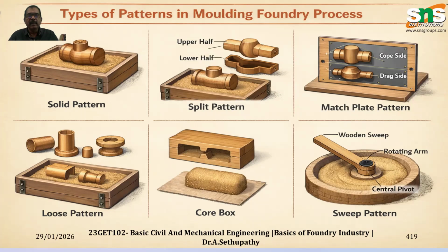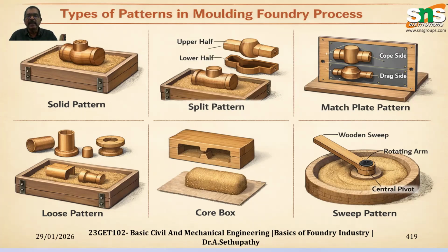First, we make the drag box using the lower half of the pattern. After removing the pattern, we get the impression. Then we fix the other piece of pattern on the same bottom side, cover it with the cope box and fill it with sand to make the mold. These two split parts of the pattern are called the split pattern.